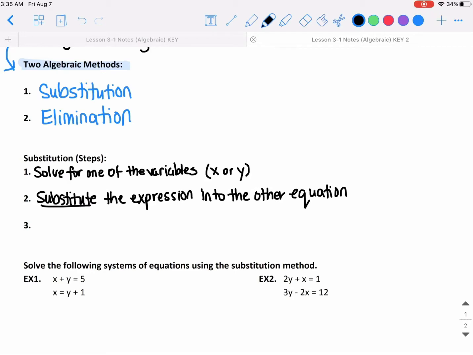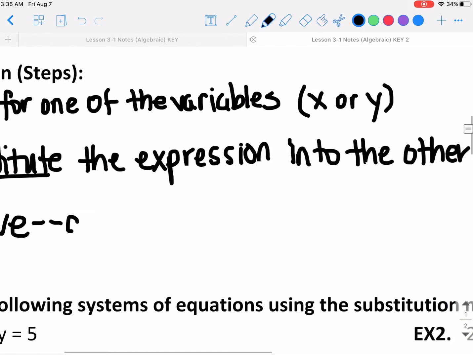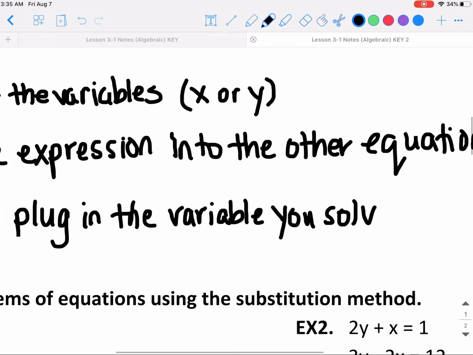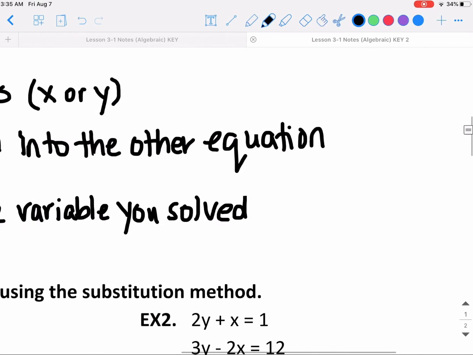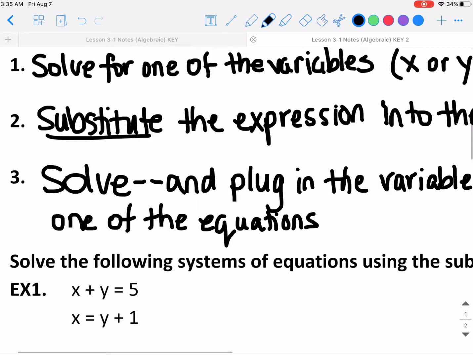So you're going to solve and plug in the variable you solved for into one of the equations, whichever one, to solve for the other variable.